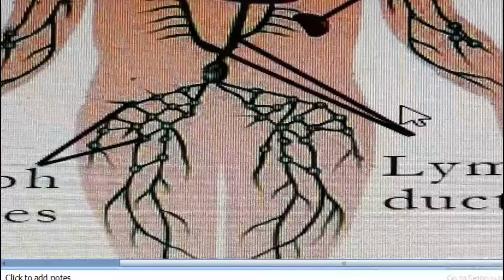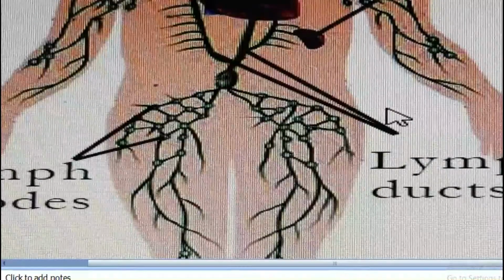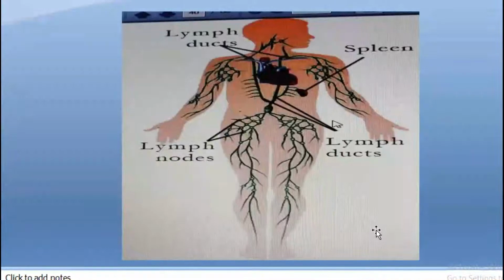Go through this picture, then you will be able to understand more clearly. It consists of the lymphatics, lymph capillaries, lymph ducts, small lymph duct, large lymph duct, lymph nodes. Here you can see the lymph nodes and spleen.